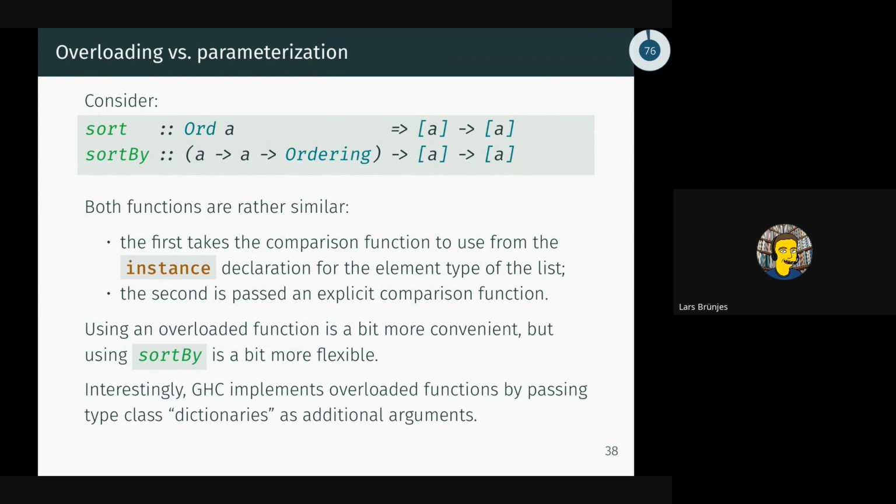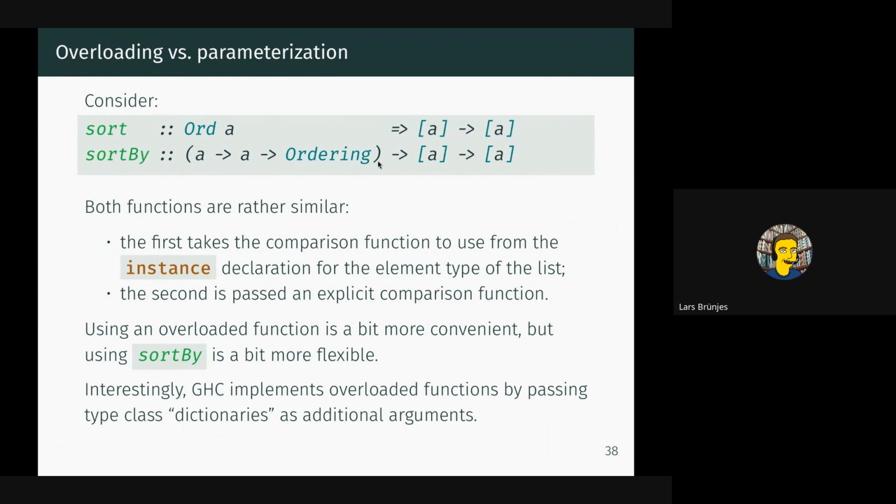And as it so happens, under the hood, they are actually implemented very similarly. We haven't said, and we also don't really care, how Haskell actually implements these class constraints. But what happens at runtime is that it basically uses something like sortBy. At runtime, it will look up the Ord instance, and then there will be a hidden argument to this function, which takes the sort instance.